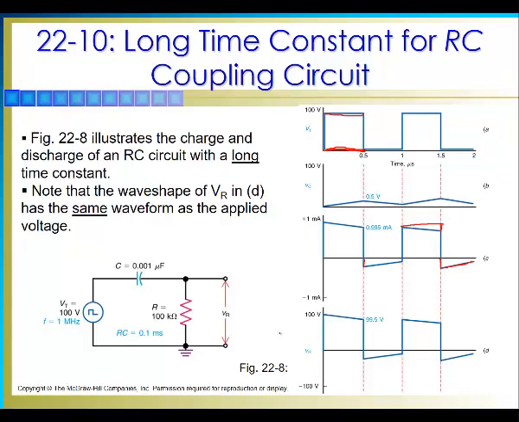Therefore, even though this is a pulsating voltage, the voltage on the capacitor looks almost constant. That is due to the fact that this is a very large resistor, or it could also be considered a large capacitor. Remember, the time constant of the capacitor circuit is R times C.